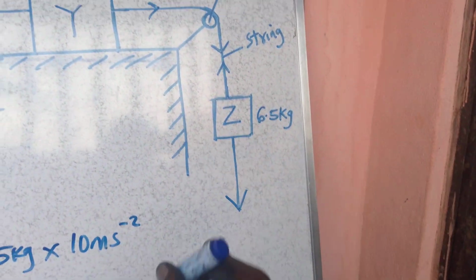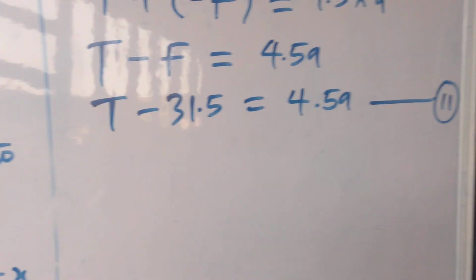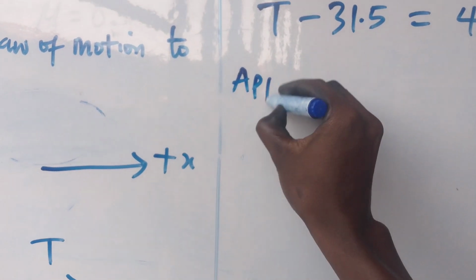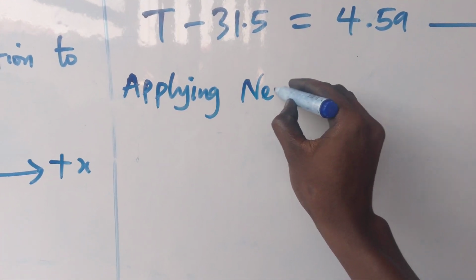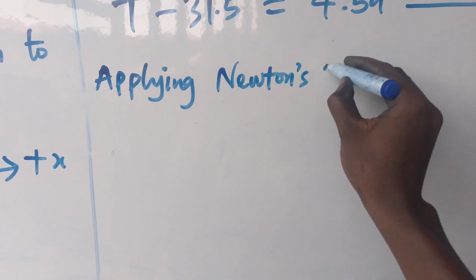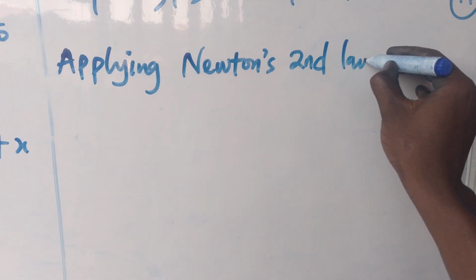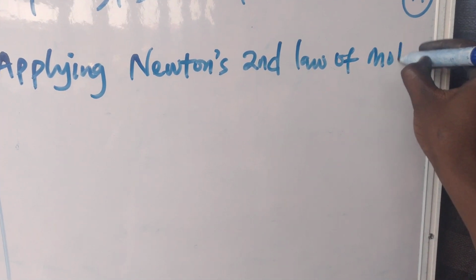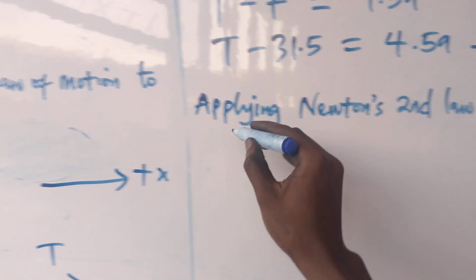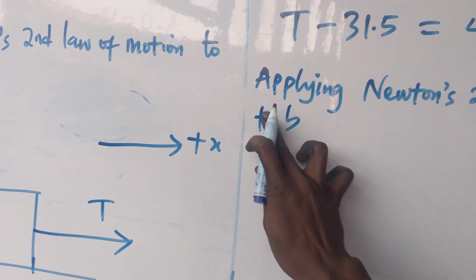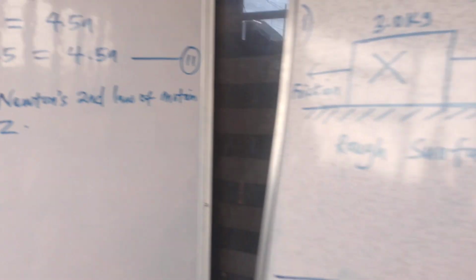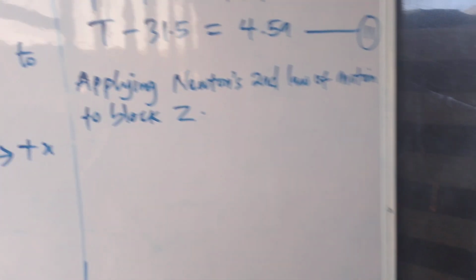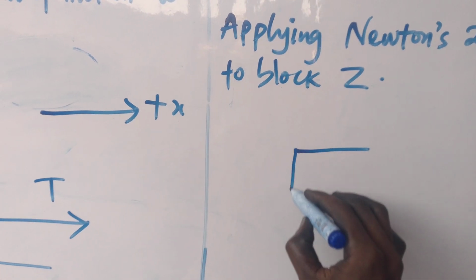Now I will go over to the next block, block Z. Consider block Z. I say, applying Newton's second law of motion to block Z. I'll take it out. Now I have this.